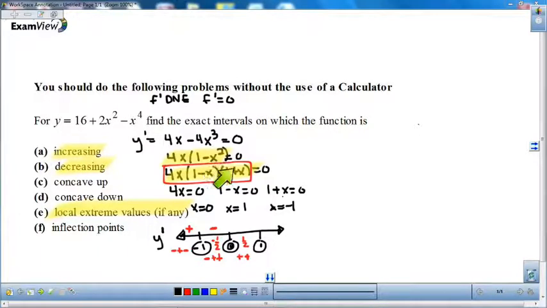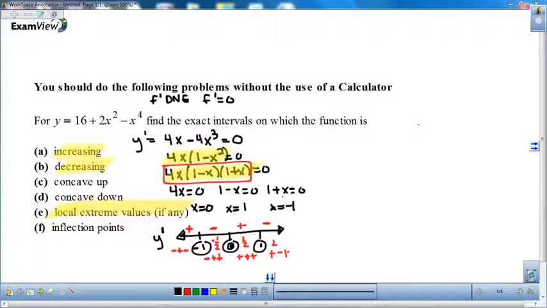And 1 plus 1/2 is also positive. A number to the right of 1 is going to be 2, so I'm going to check 2. 4 times 2 is positive. 1 minus 2 is negative. And 1 plus 2 is positive.